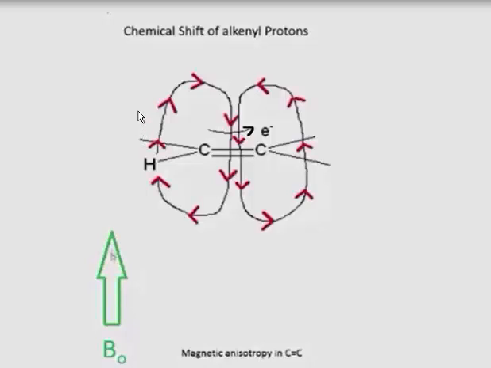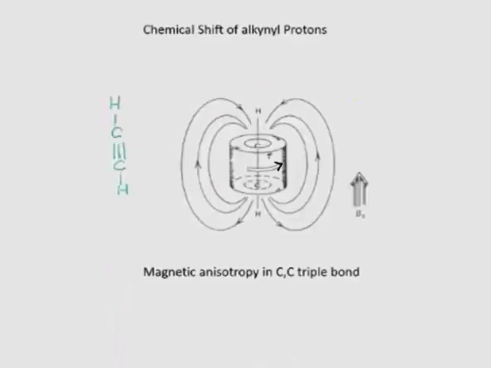It has actually increased, and the increase is sufficient to cause significant de-shielding of the signal created by this hydrogen. Now, the de-shielding is not as great as the aromatic proton. The aromatic proton had a delta of 6 to 9. Here, in most cases it falls between delta 5 and 6.